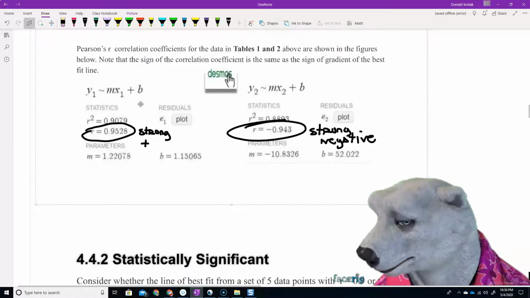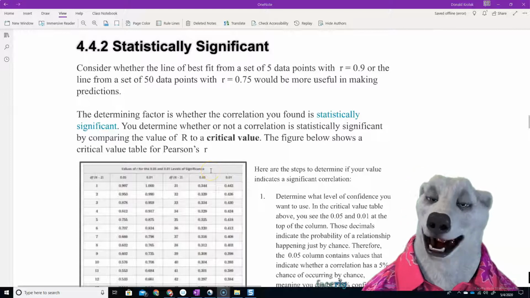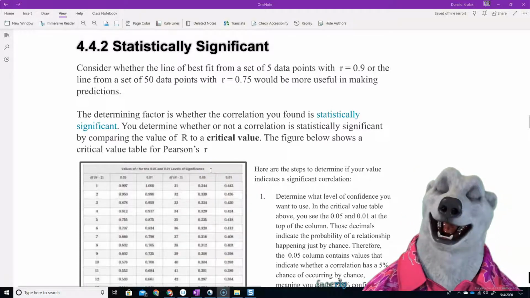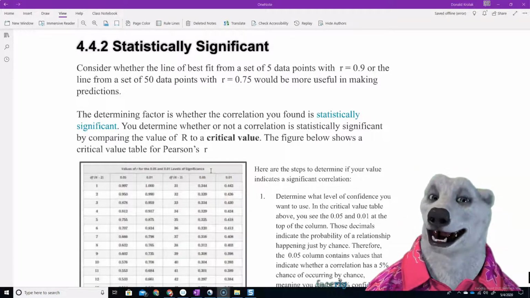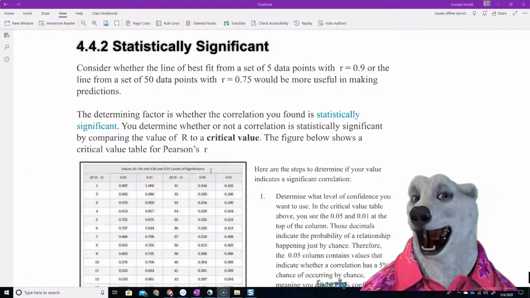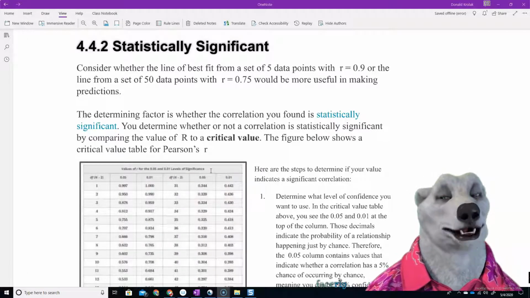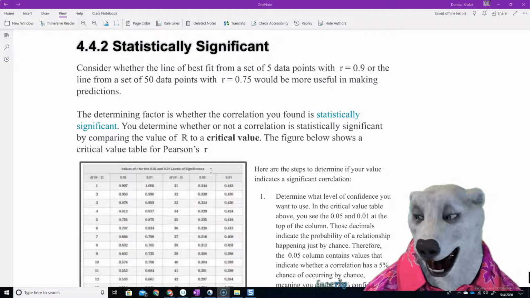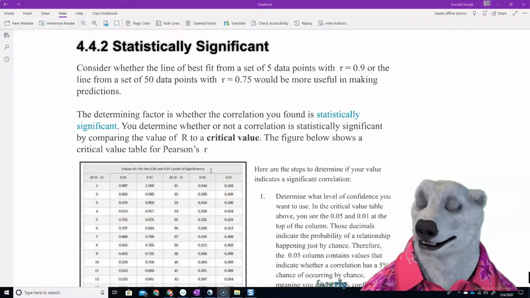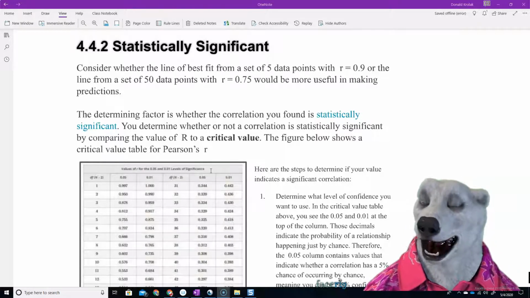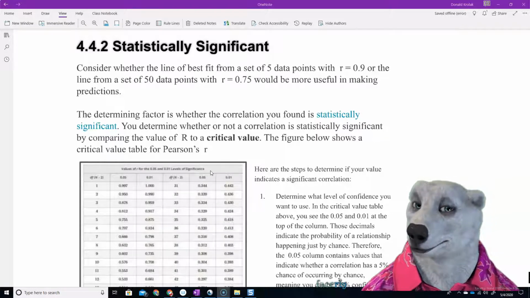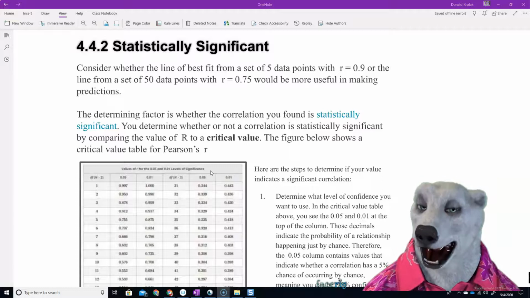All right, so what we're going to talk about now is this concept of being statistically significant. All right, so think of it this way. Think of an example. What would you think would be more useful for making a prediction?